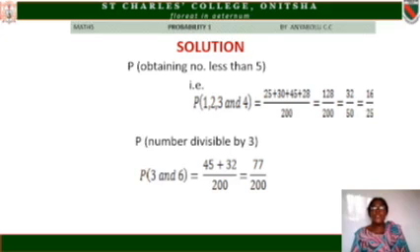The probability of getting a number divisible by 3: numbers divisible by 3 are 3 and 6. The number of times 3 turned up is 45. The number of times 6 turned up is 32. So 45 plus 32 all over 200, that's 77 over 200.